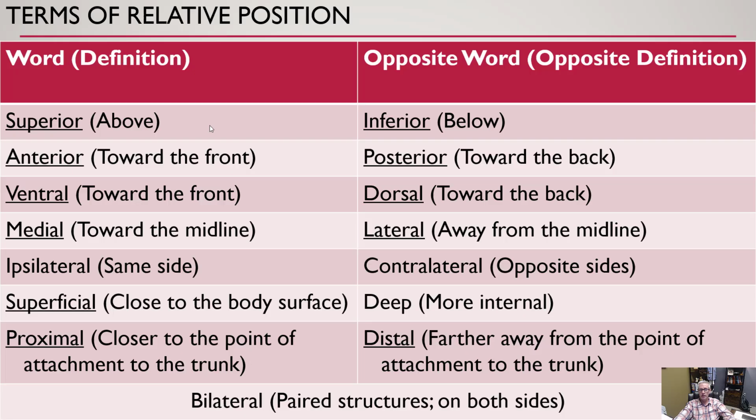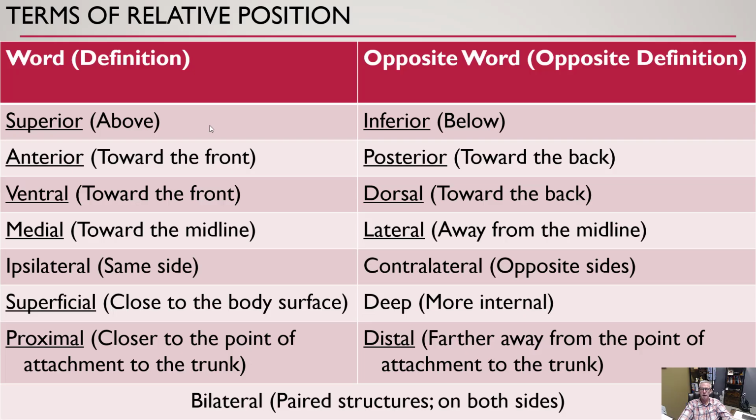So your belly button, or your umbilicus, is anterior to your spinal cord. Your spinal cord is posterior to your umbilicus or your belly button. Ventral and dorsal both mean towards the front and towards the back.